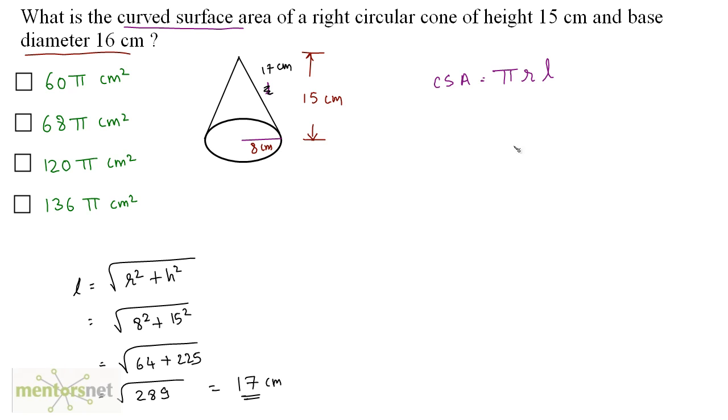Let's put our data into the formula and get the curved surface area. So this is pi times r, which is 8, times the slant height, which is 17. So 17 times 8 is equal to 136, so 136 pi, and the unit will be centimeter square. So this is our curved surface area, option D.